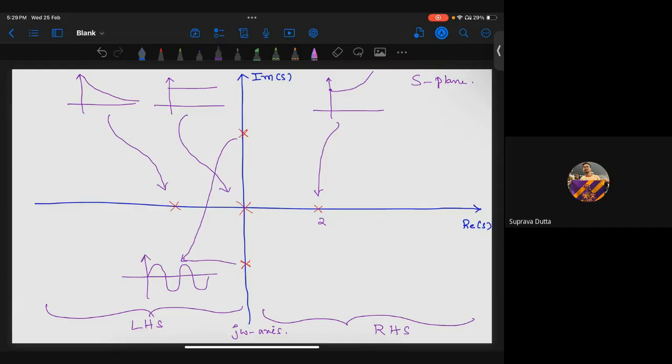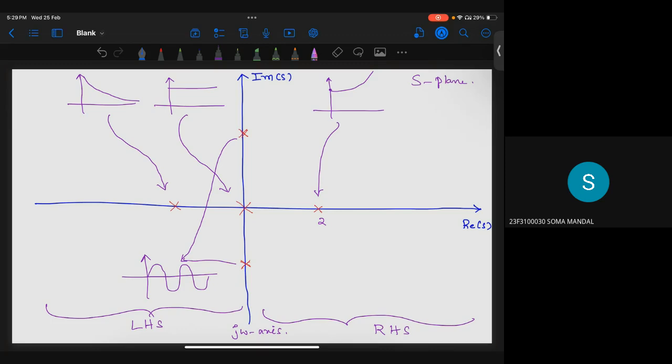Is this correct? Any queries so far? Now suppose G(s) equal to 1 by s plus 2.